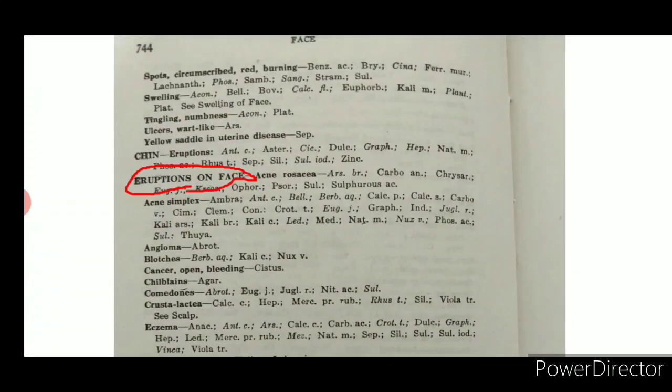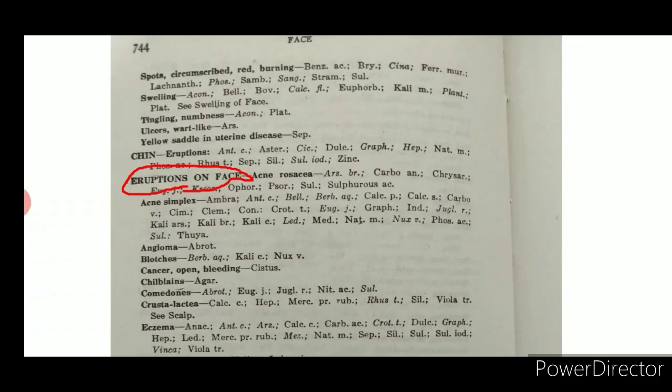One more thing is, in every chapter the rubrics have a particular order. The author selected main rubrics on the basis of certain parts or certain main clinical conditions.